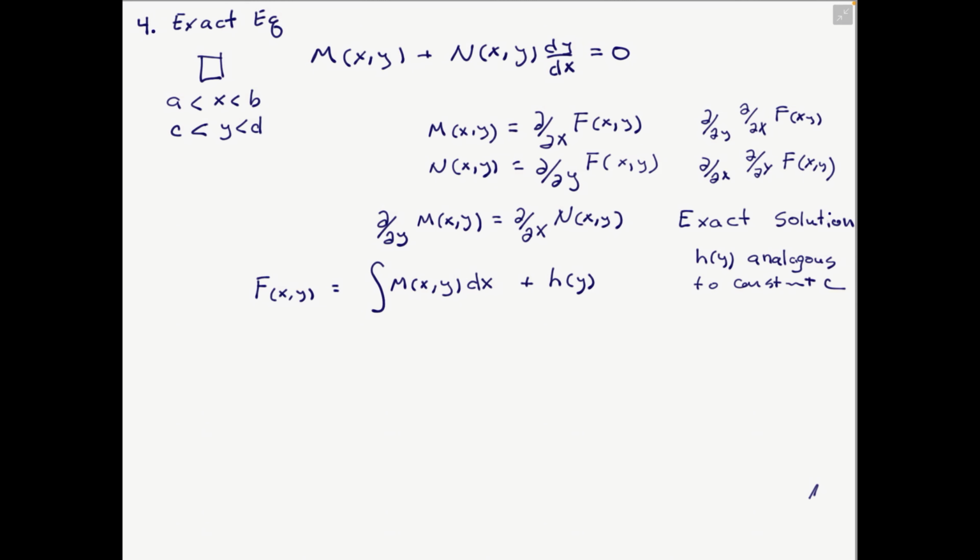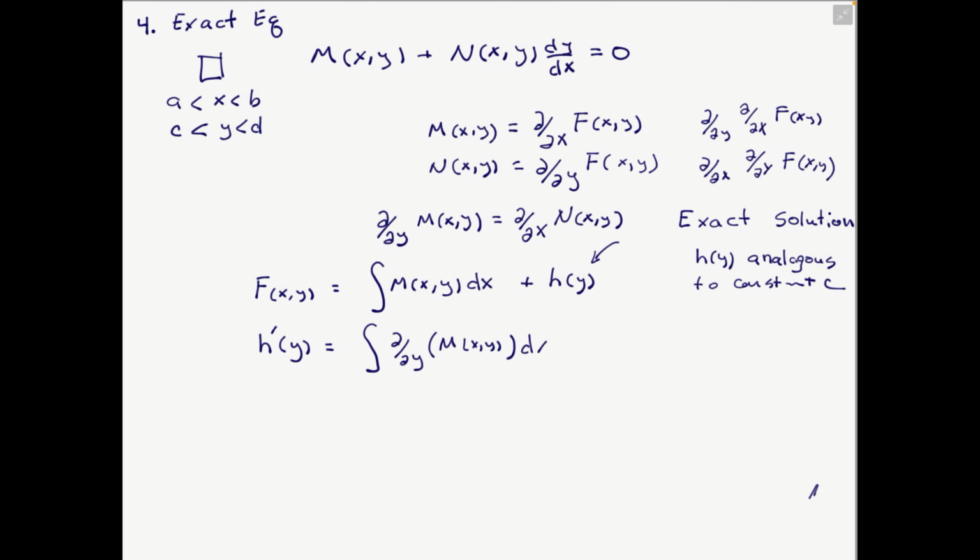Now, the reason we say that, this takes the place of C. So h of y is analogous to the constant C. And the reason for that is because we've already taken a differential with respect to y, and we're looking for some solution as a function. It's not going to be just a constant, it's going to be a function.